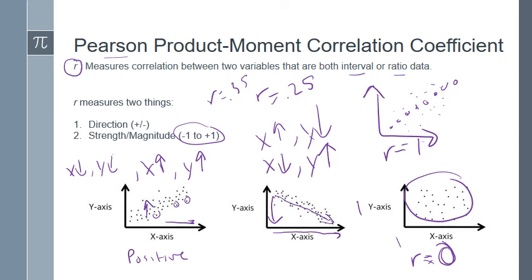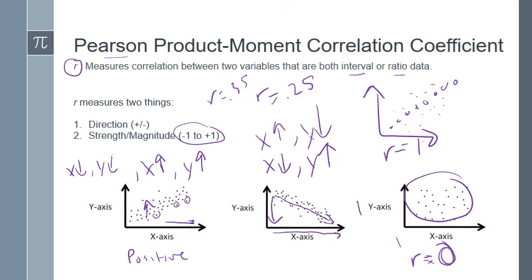So the limitation to R, and we're going to talk about this later, is that it's hard to imagine what an R of 0.25 looks like versus an R of 0.45. So that can make the Pearson Product-Moment Correlation coefficient a little bit less useful because it is hard to conceptualize what a 0.25 correlation looks like in terms of a scattergram. It's just hard to envision.